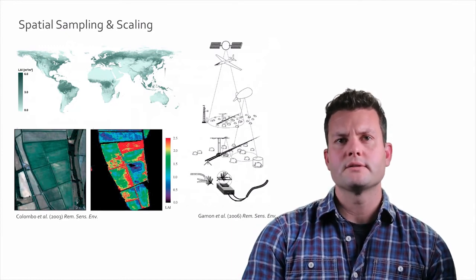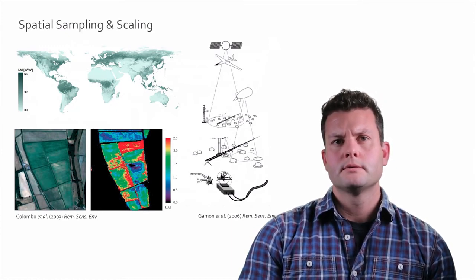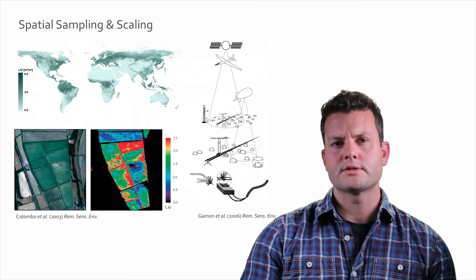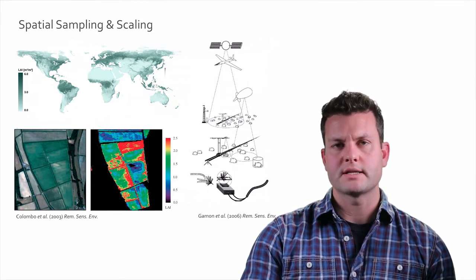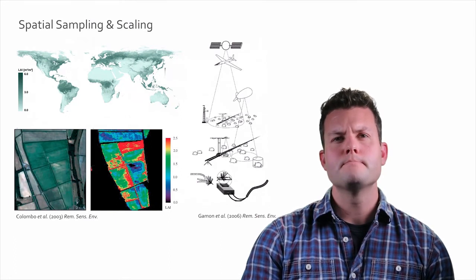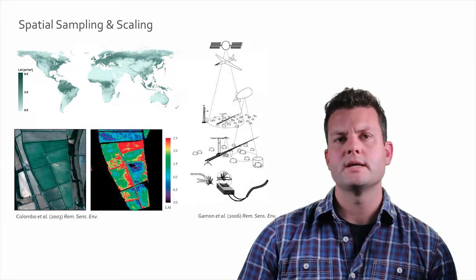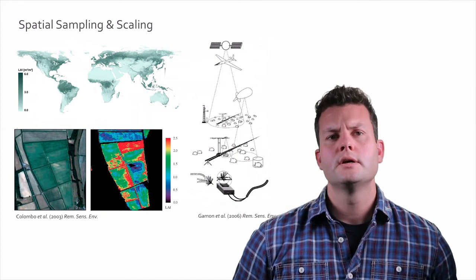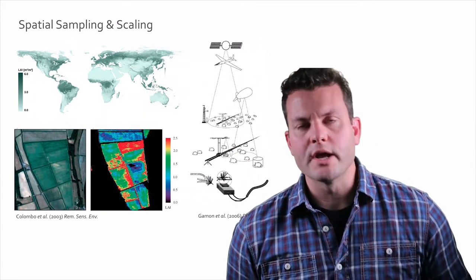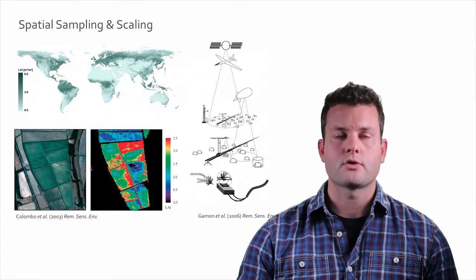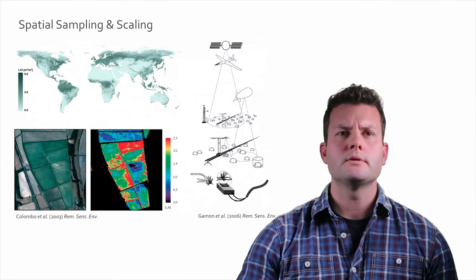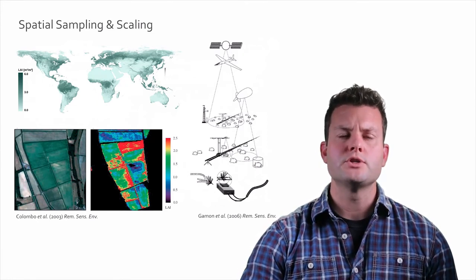On the right-hand side is that same image, where an imaging system was used to collect NDVI data and then convert that NDVI data into leaf area index. You can see that there's a wide range of LAI values across different management units within that image.